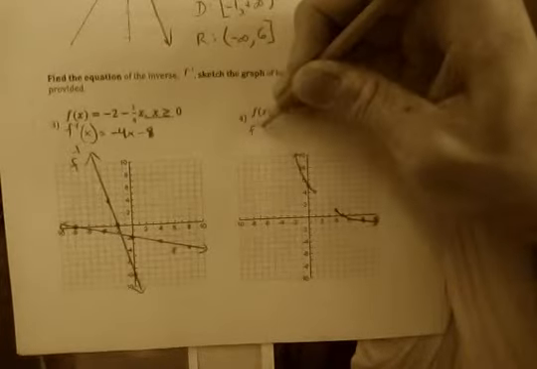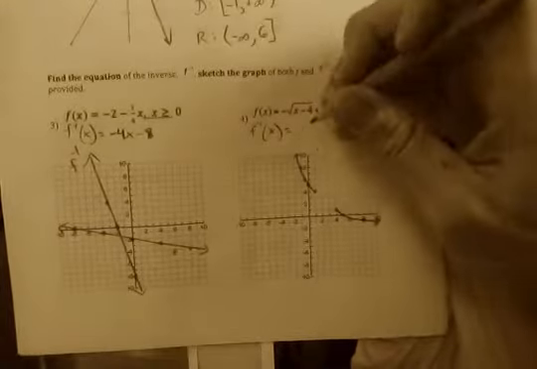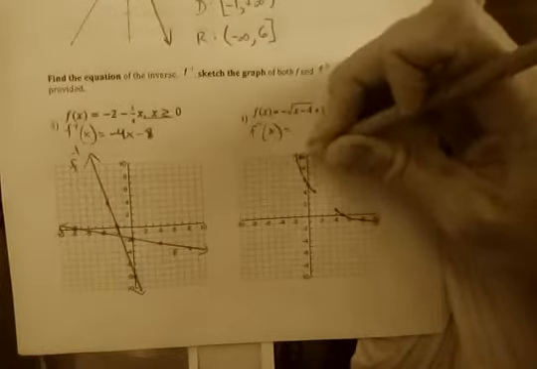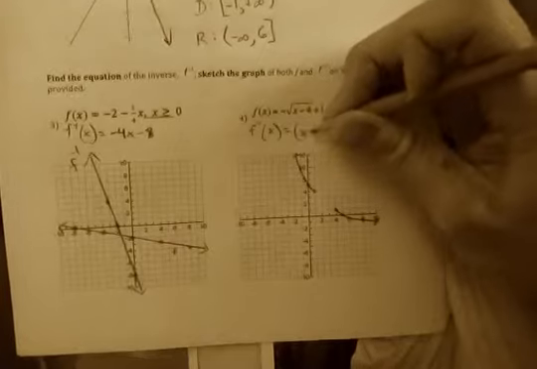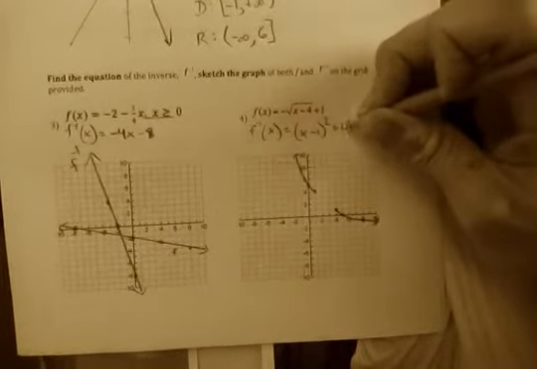Now, we've got to write the equation of f inverse, and we can do that by the graph. This is a quadratic function, right? The inverse of a radical is a quadratic. If you know that, it makes your life a little bit easier. We've got the vertex at 1, 4, and it does open up. So we've got x minus 1 squared plus 4, right?